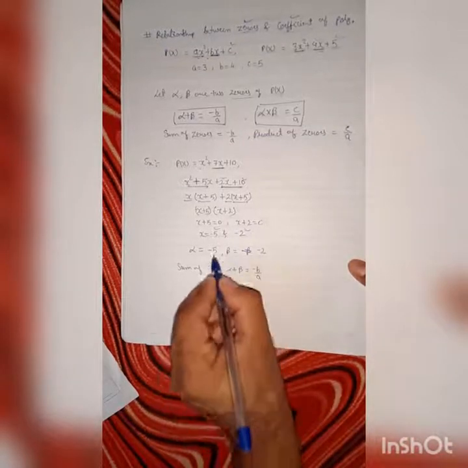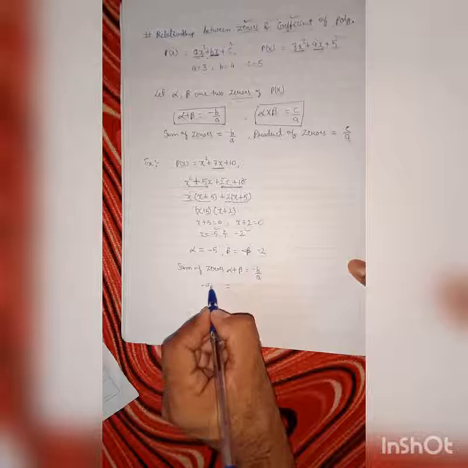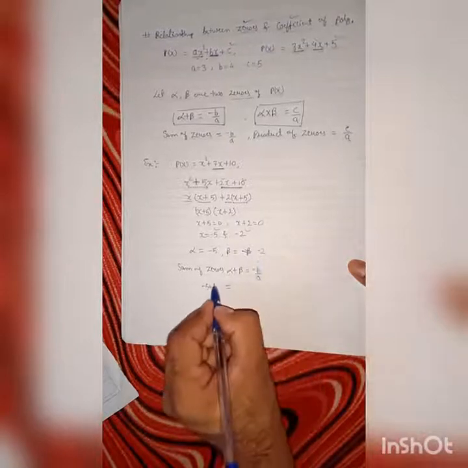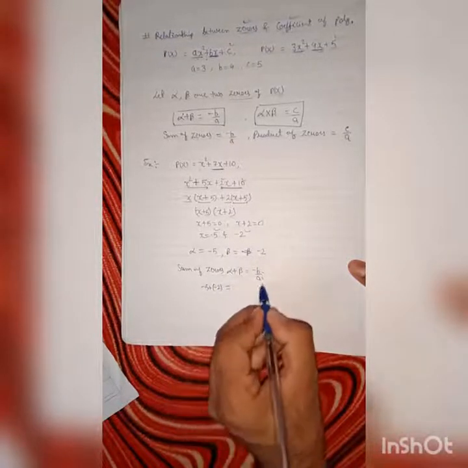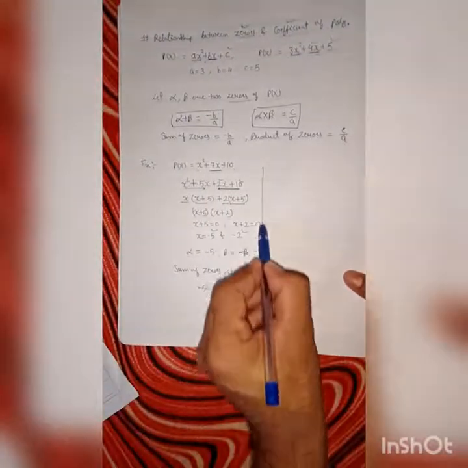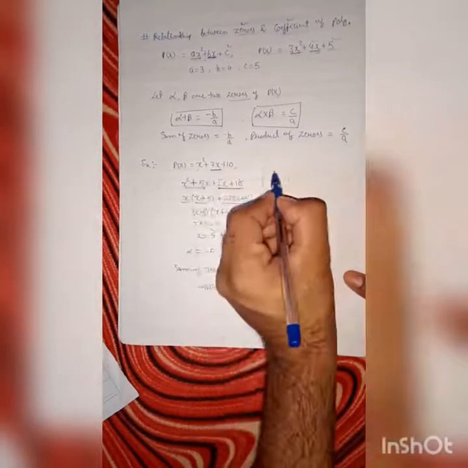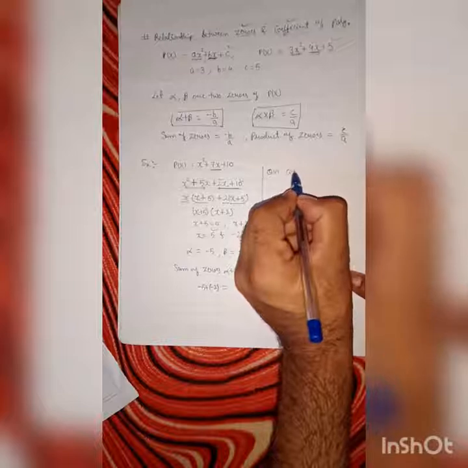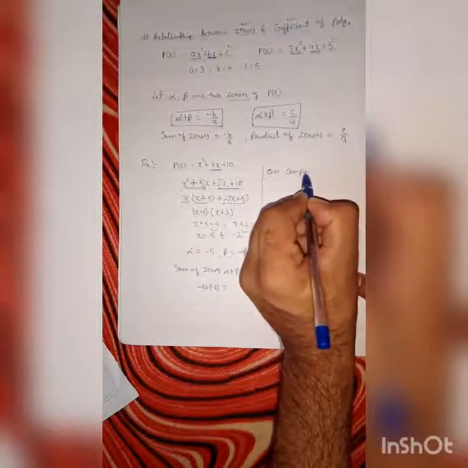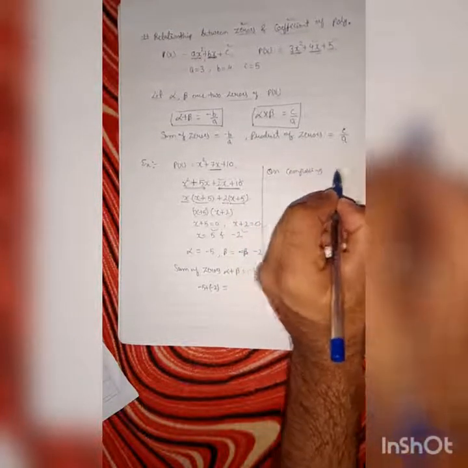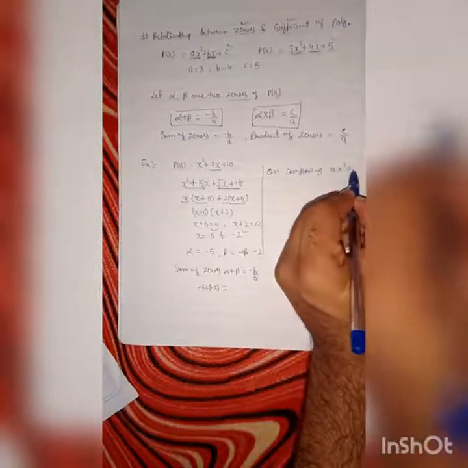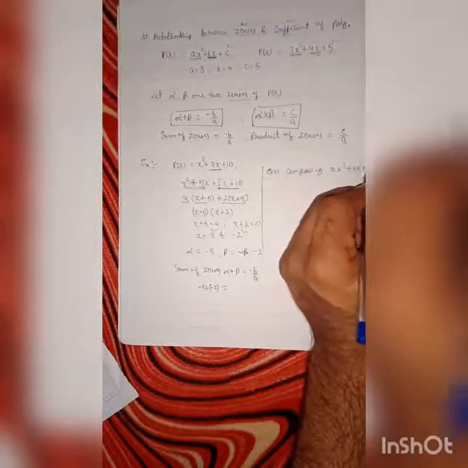Alpha we have minus 5 plus beta we have minus 2, and minus b upon a. First we have to compare this equation on comparing with ax square plus bx plus c, the standard equation of polynomial.